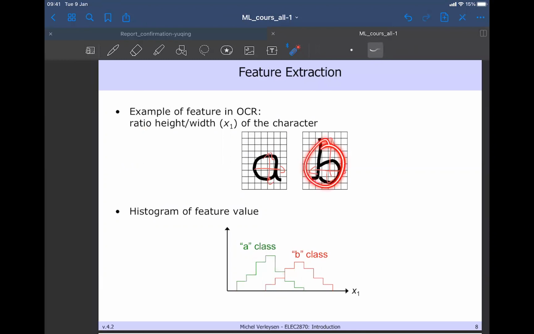And for the B, it's higher because the height is definitely higher. So again, you could make a learning rule that says, okay, if it's below that threshold, I have an A, or I have a B. So that could be an example of a feature, the ratio of the height to the width.